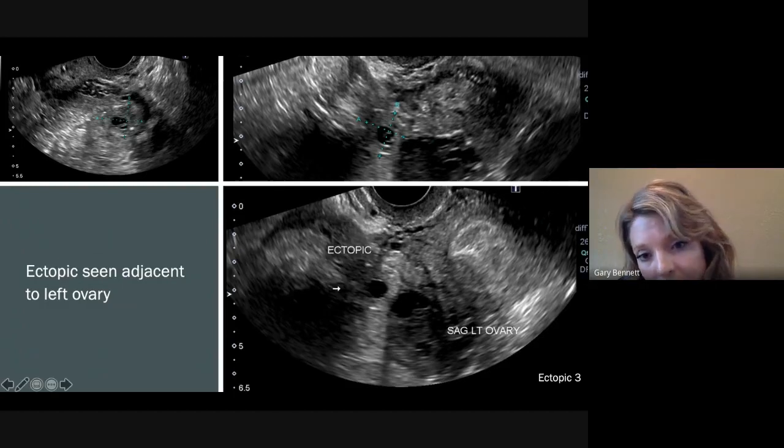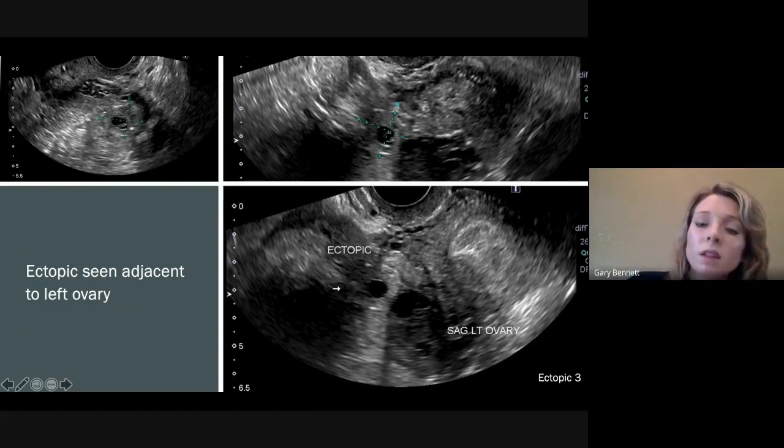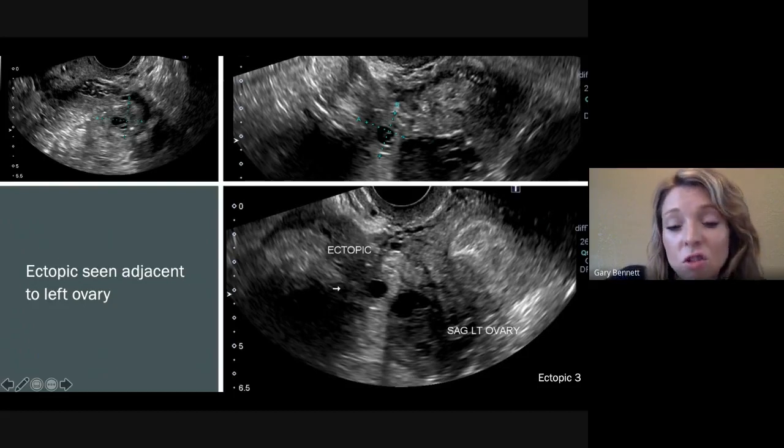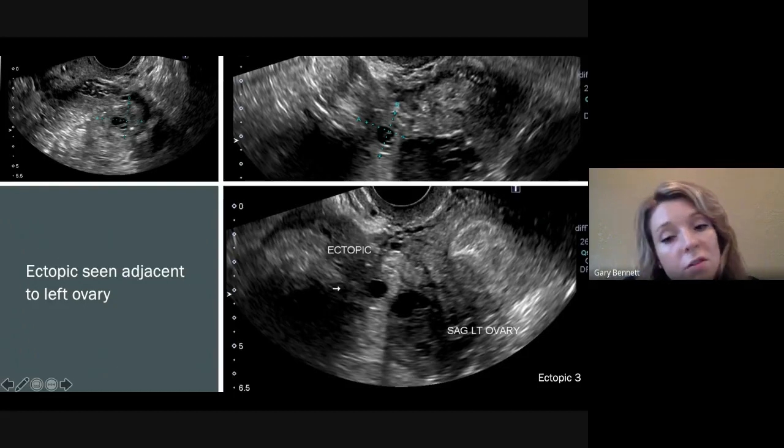If you just look at the outside of the ectopic here, it is the same echogenicity as the surrounding bowel. So that's a lot easier to miss than you would think. It just really blends in, especially if we didn't have this nice gestational sac. If that hadn't fully developed or if it had collapsed and started rupturing, this would be very difficult to find.